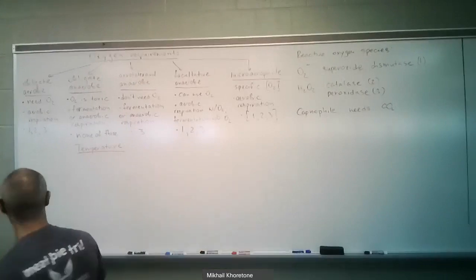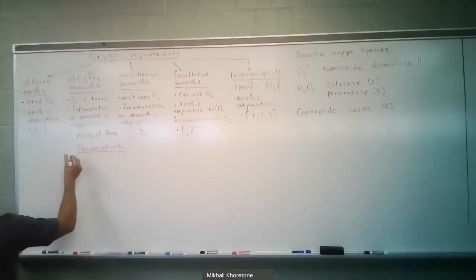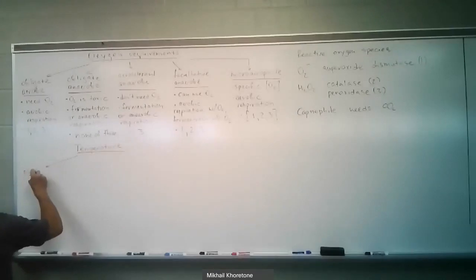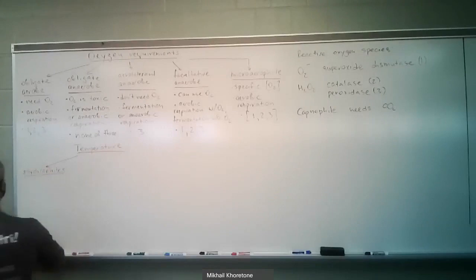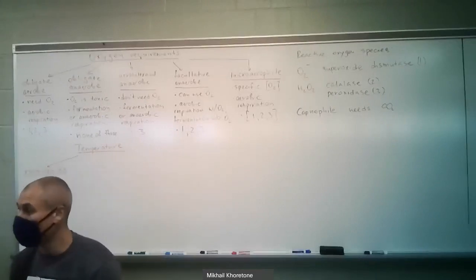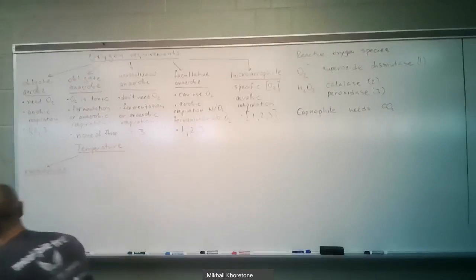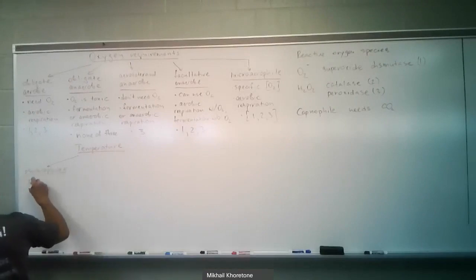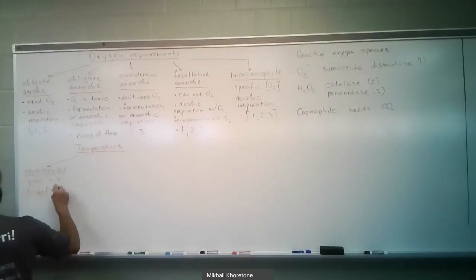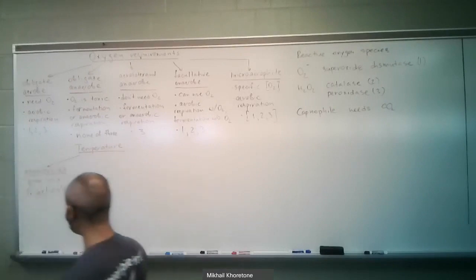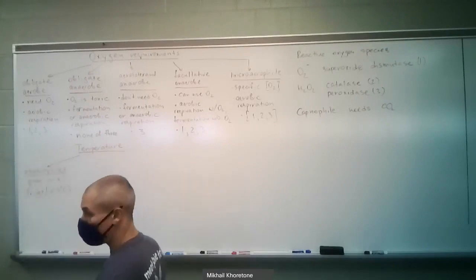So we're going to start with a group called psychrophiles. Psychrophiles basically can efficiently grow in the fridge. Below 40 degrees Celsius. Does that make sense? That's psychrophiles.